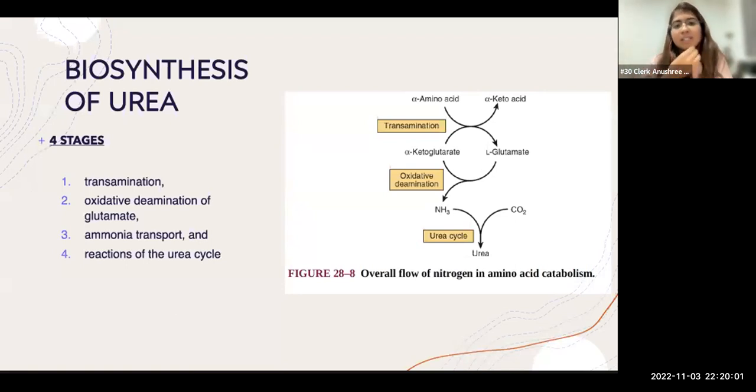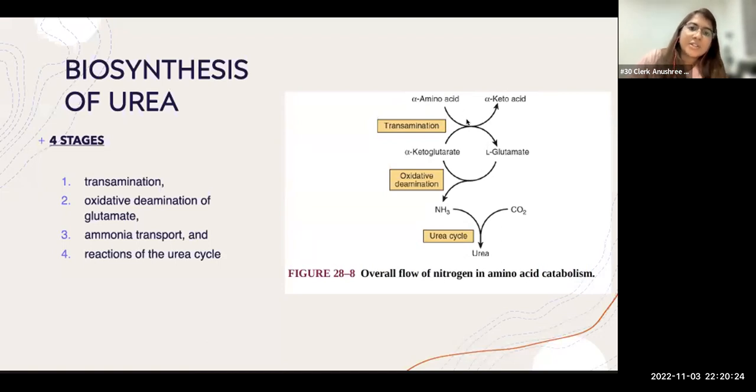It's transamination. Transamination is nothing but when the amino group from one amino acid goes to the other amino acid. You can see here, there's an alpha amino acid. When you release the ammonia or the nitrogen group, you are left with the keto bond. Hence, it is called an alpha keto acid.